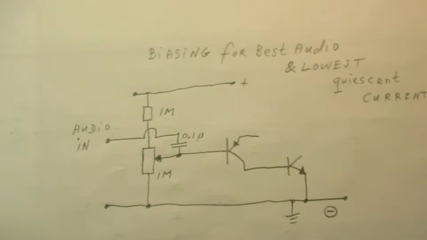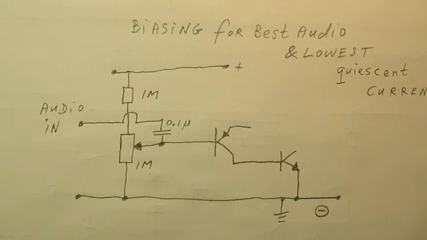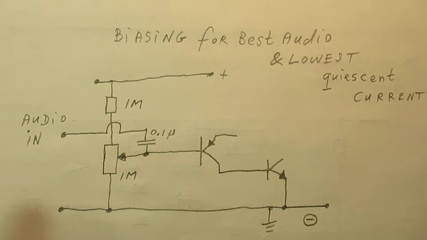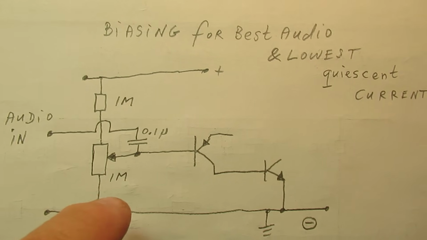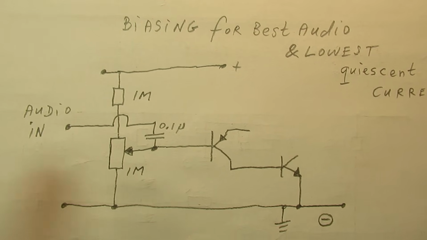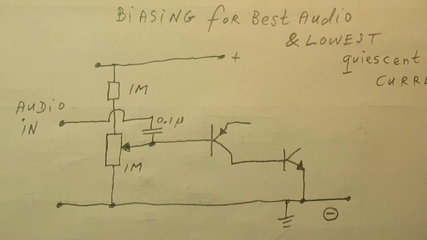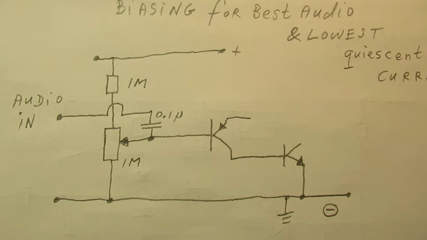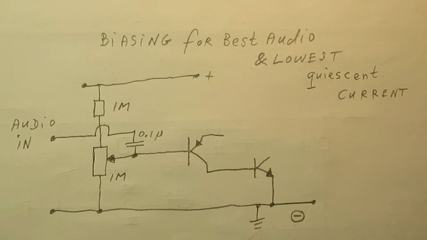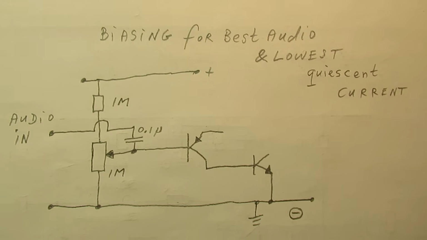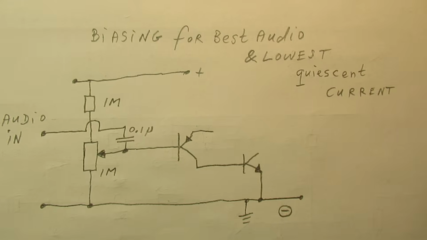So I had to use the 1 mega ohm potentiometer, send in an audio signal, loudspeaker at the output, vary here the 1 mega ohm potentiometer till the sound is pure and the quiescent current is low. So when there is no signal, the quiescent current falls down to approximately 100 milliampere, and that is necessary to keep the sound pure.